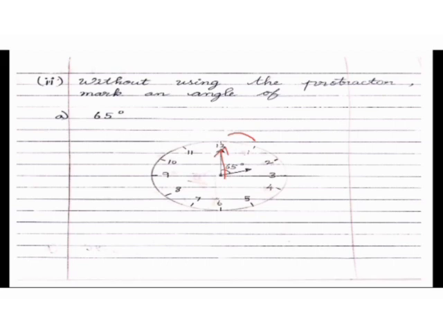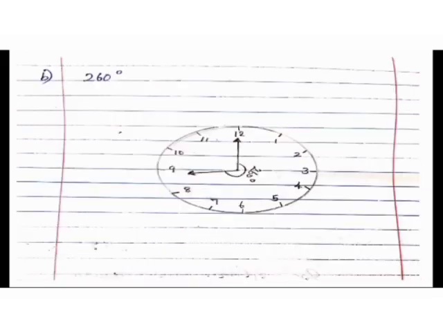Yes, 30 degree plus 30 degree, how much? 60 degree. And then next 2 to 3, in between, 65 degree is there. Now mark here 65 degree. So it is an acute angle. Yes, children.